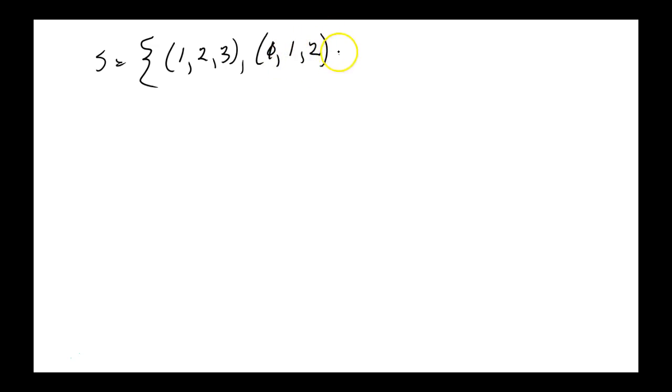These are vectors. The only thing that changed from our previous example was that the previous example had (-2, 0, 1); this is (-1, 0, 1). And it asks, does that set span R3?